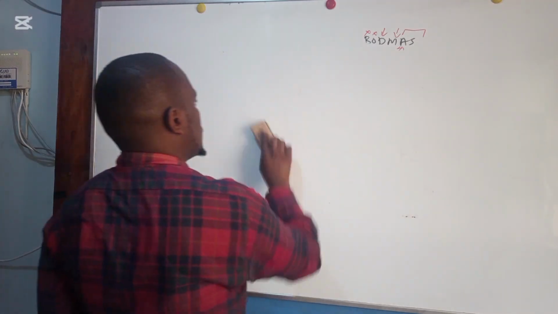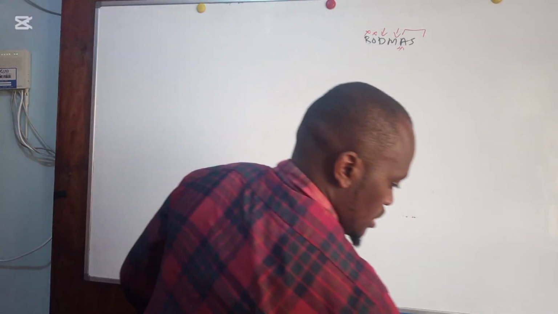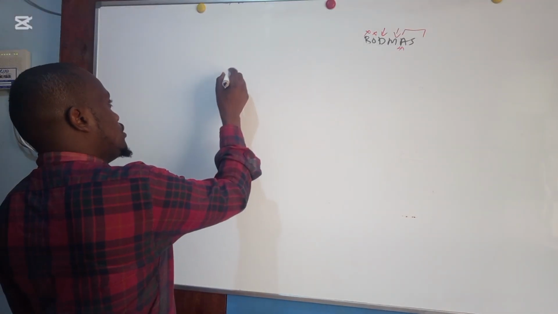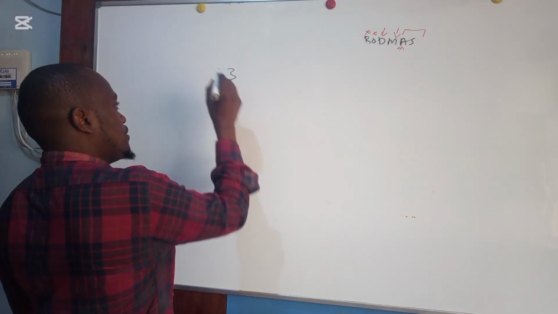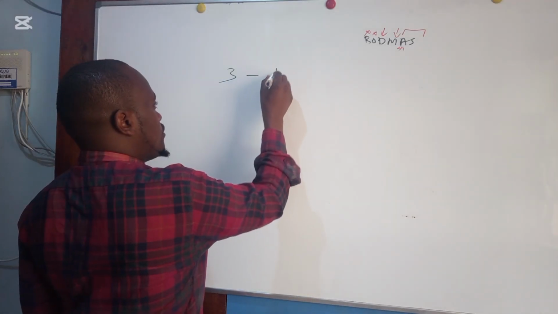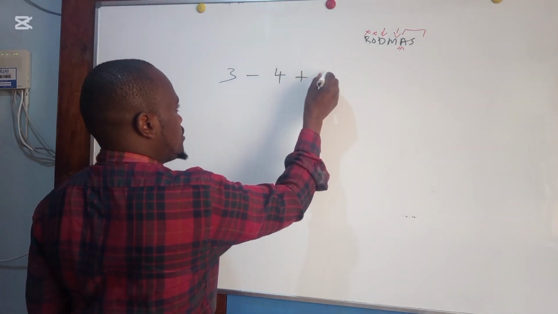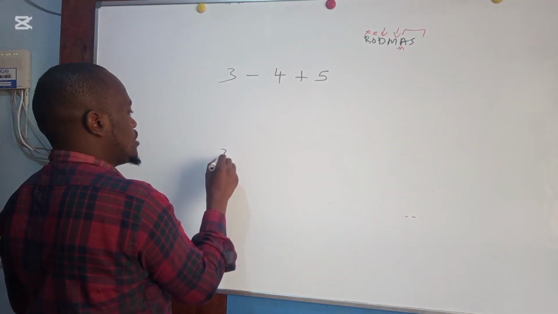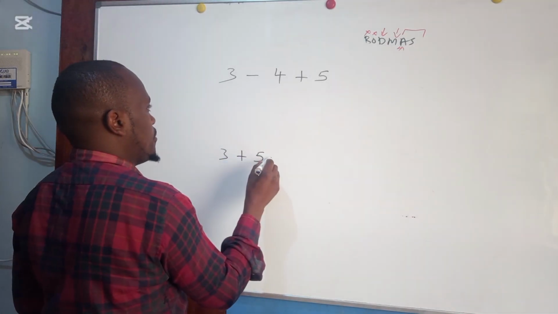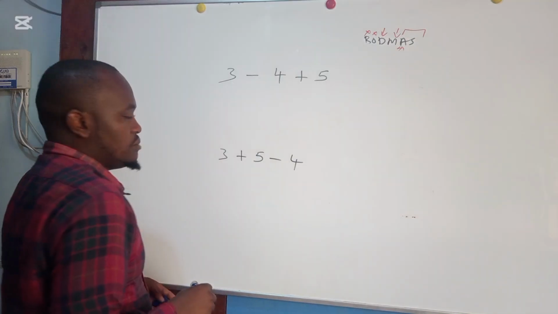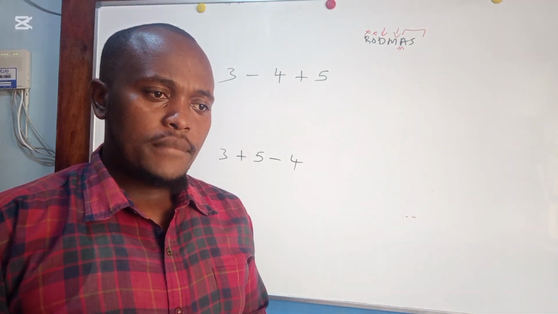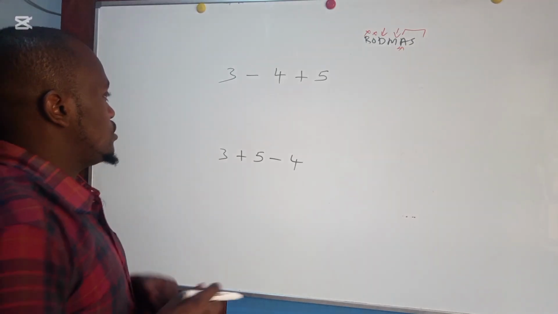So suppose you begin with 3 minus 4 plus 5, and then we do 3 plus 5 minus 4. Remember the things of addition and subtraction. Suppose you have a shop, you are a customer, and we begin here.